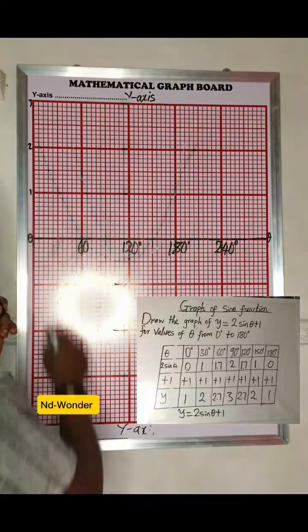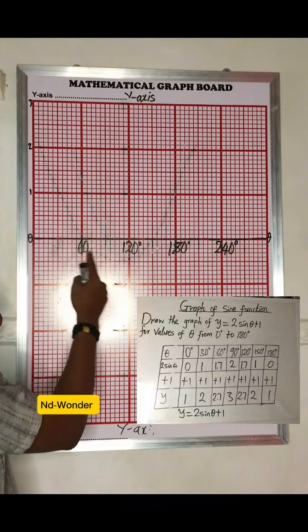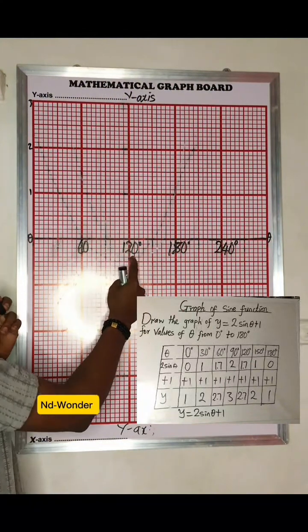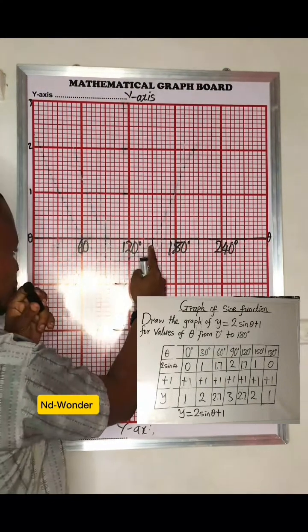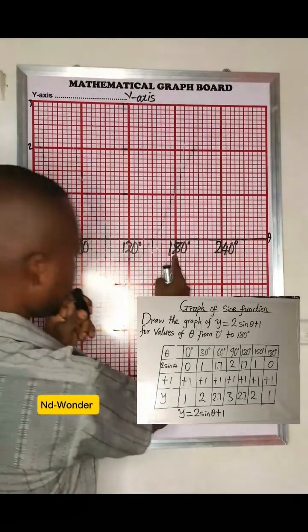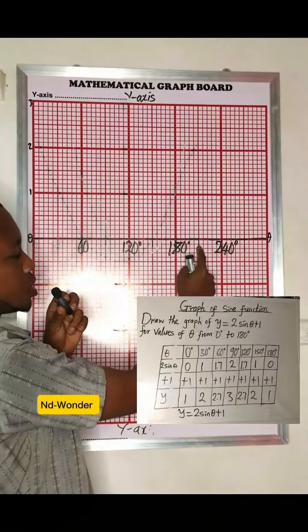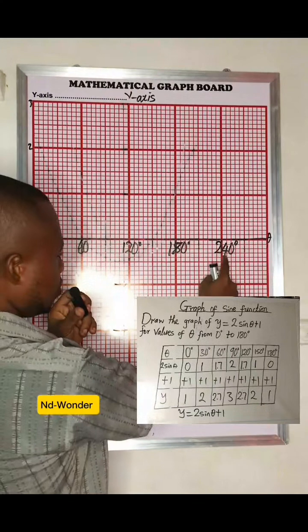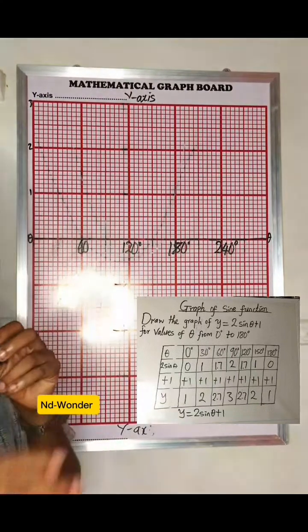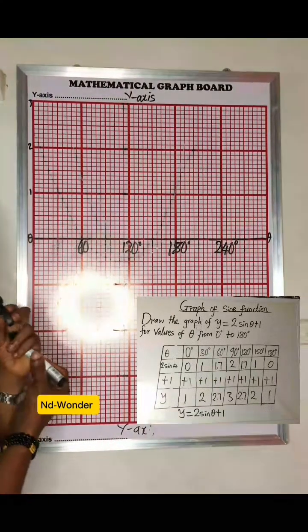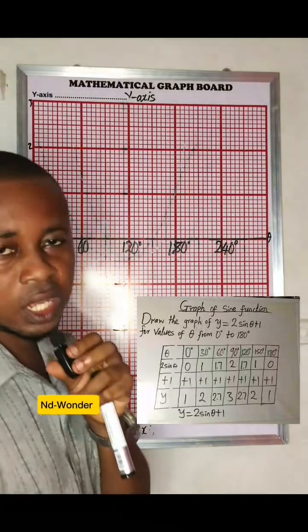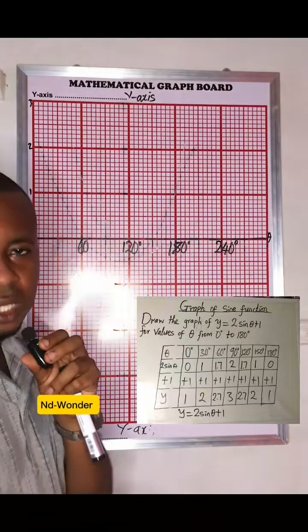So I can assume that here is 30 degrees, 60, here becomes 90, plus 30, 120, plus 30, 150, plus 30, 180. 180 plus 30 here will give you what? 210. Then you have what? 240, so on and so forth. So we are good to go. And this is our y-axis. At least I have the table on the screen there.